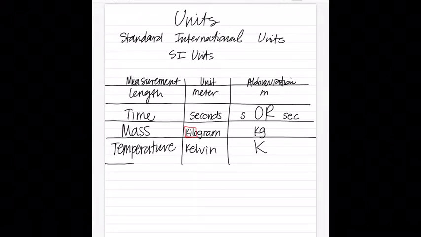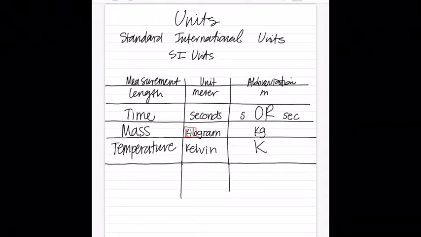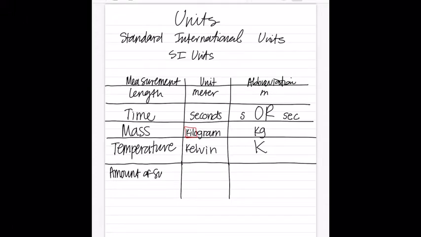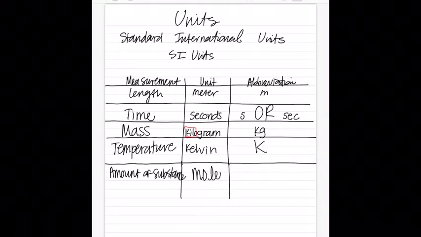All right, the next one is going to be amount of substance. Okay, and that is a mole, M-O-L-E. That's abbreviated M-O-L. Now, we are not going to get to this till closer to the end of the year.